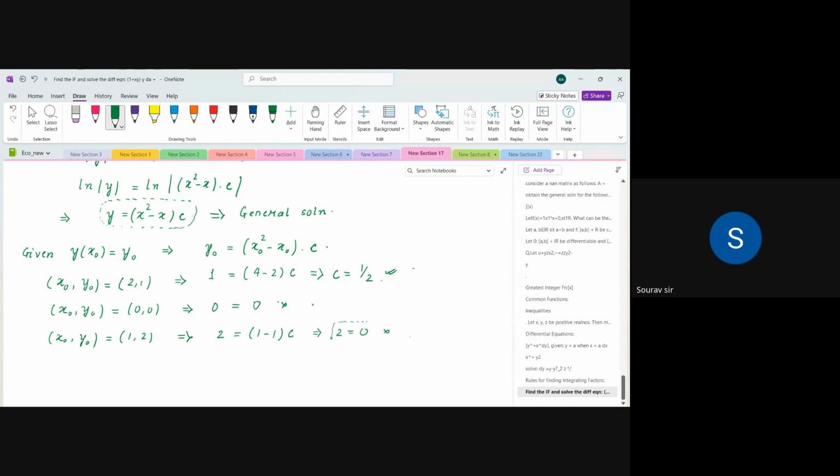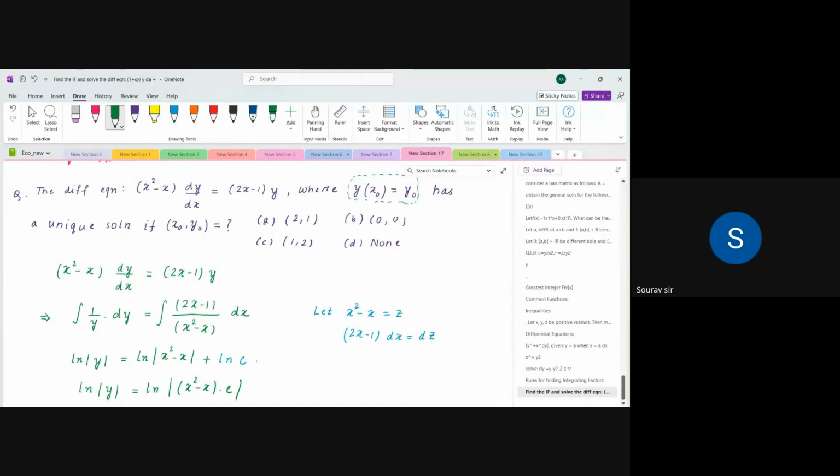Multiple solutions. So that means the only case where we can get a unique solution is when c equals half, or x naught, y naught is equal to 2 comma 1. So the correct option is option A. Okay.